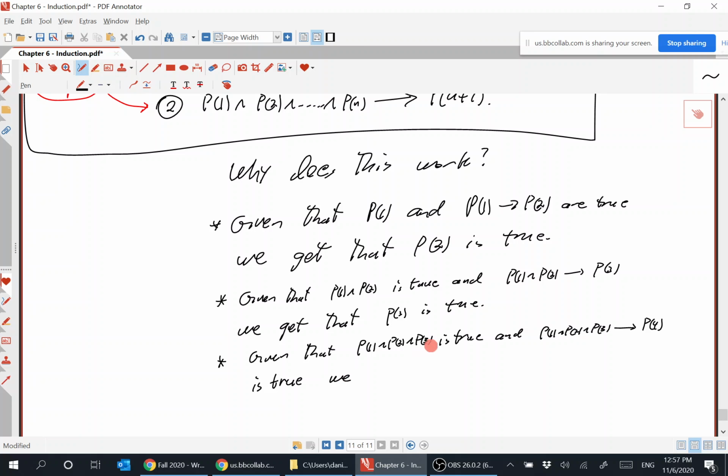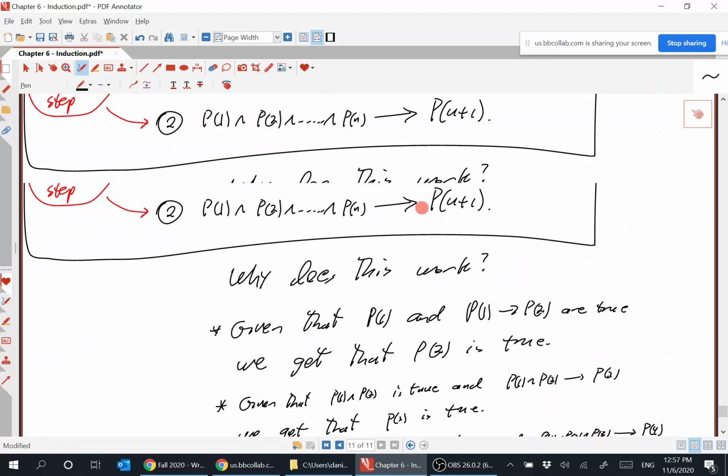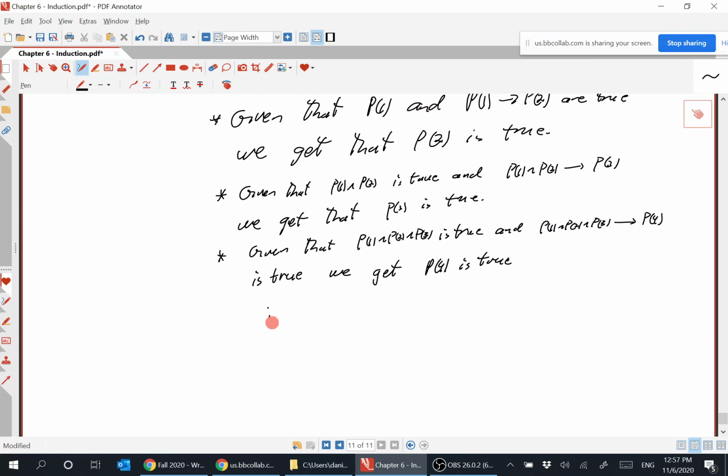So given that P1, 2, and 3 are all true, and P1, 2, 3 implies P4, we get P4 is true, etc., etc. So you just keep going like that as far as you need.